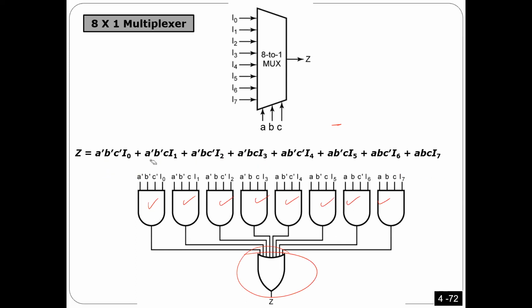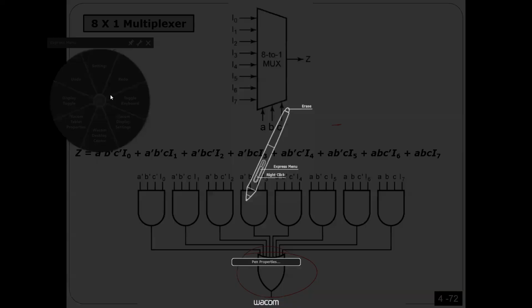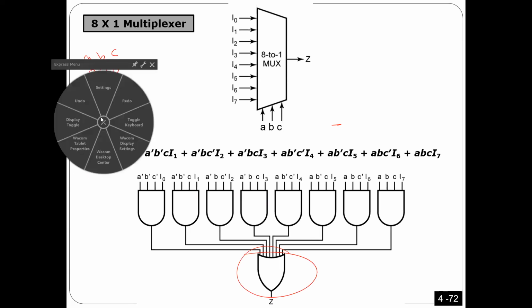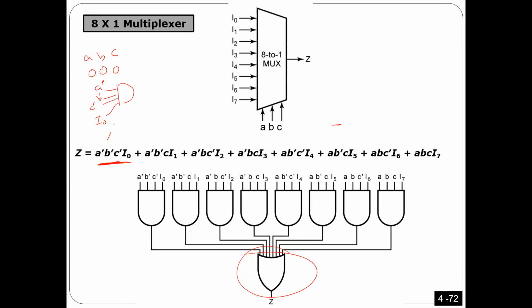But wait a second. Let's design, for example, the AND of 0, the first case, 0, 0, 0. Here the inputs are A, B, C, so it should be A prime, B prime, C prime, and then I0. That's it, and this is exactly the first case here.